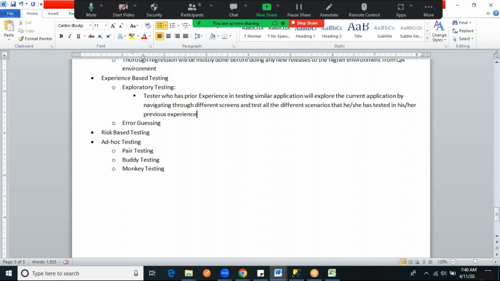Some companies may not look that seriously at domain, they will shortlist you if you have just testing experience. That is a different case. But most companies will now look at whether the tester has similar experience in testing the same kind of applications in his past experience or not. They will check.